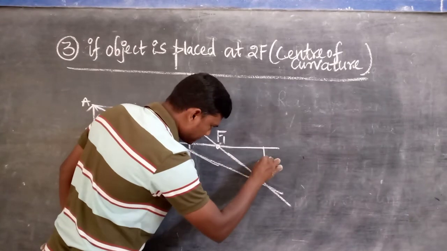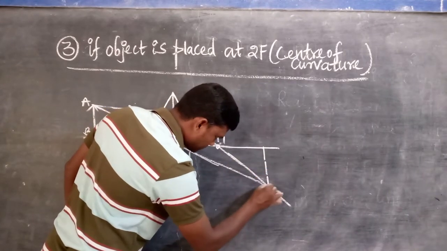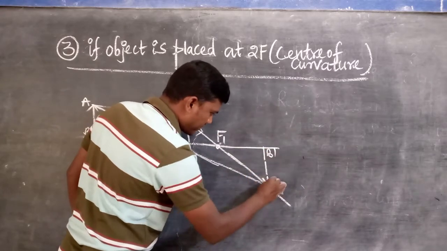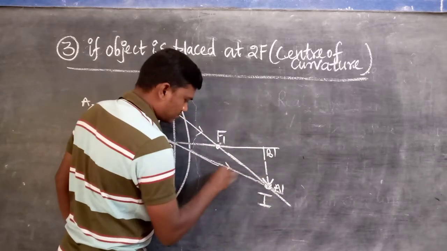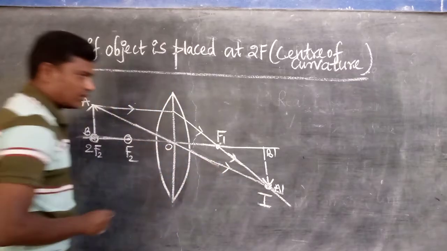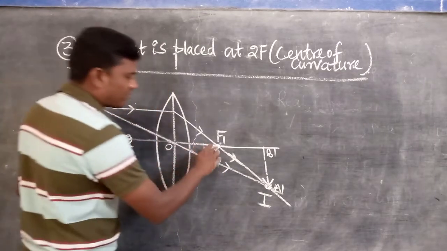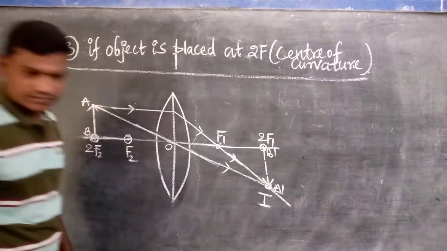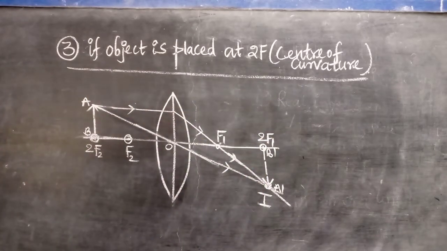So that is why A dash, B dash. So F1, it is automatically 2F1.